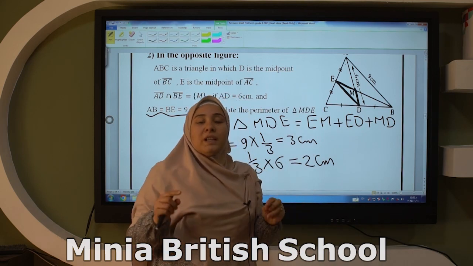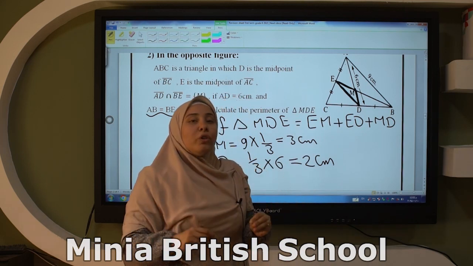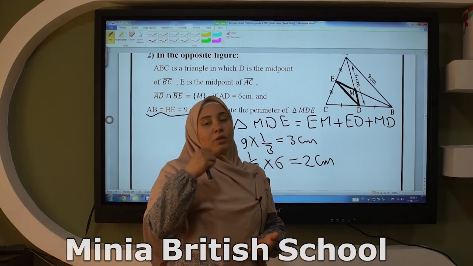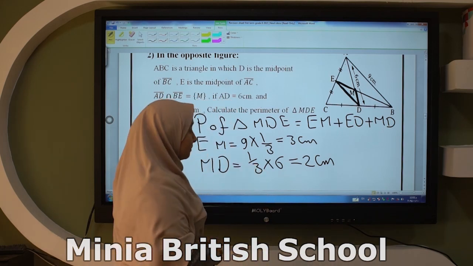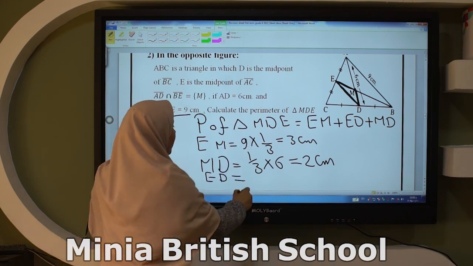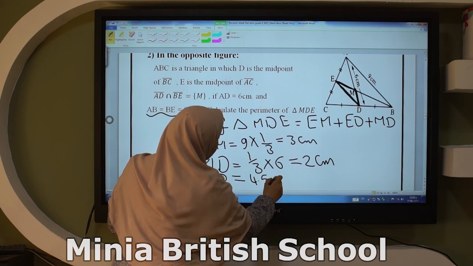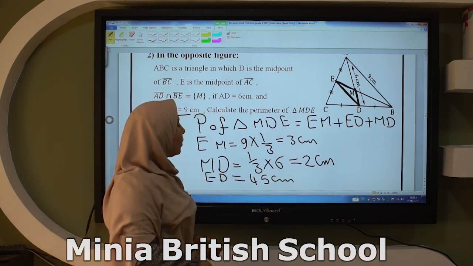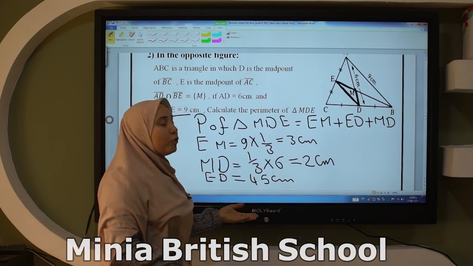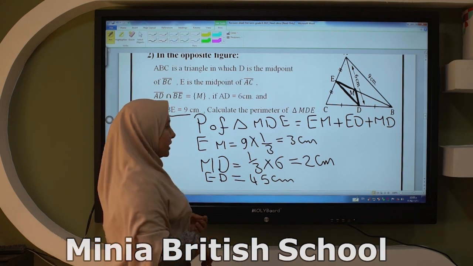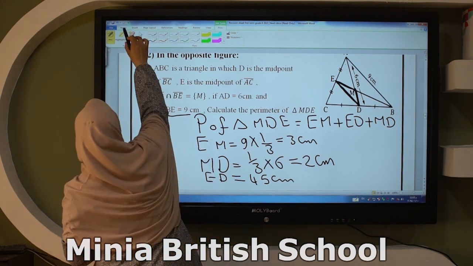We know the length of the line segment joining the two midpoints of two sides of a triangle equals half the length of the third side. Then ED equals half the length of AB, which equals 4.5 centimeters. Then the perimeter of the triangle MDE equals 3 plus 2 plus 4.5, which equals 9.5 centimeters.